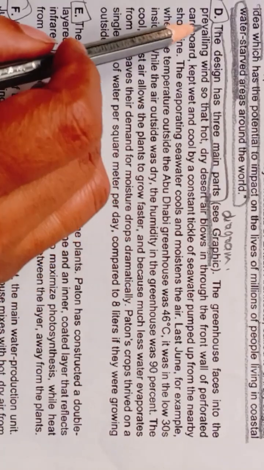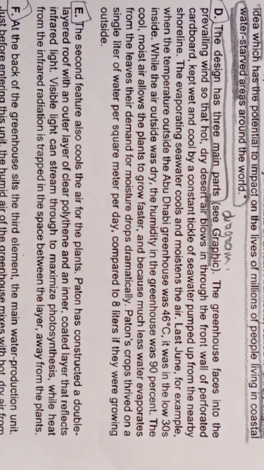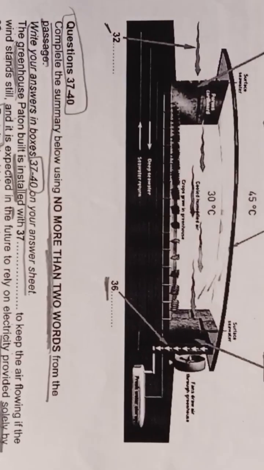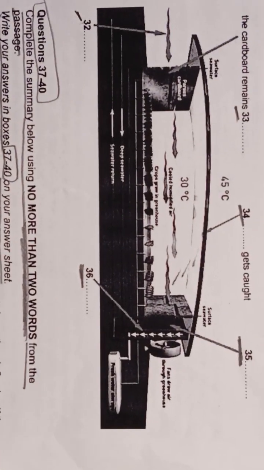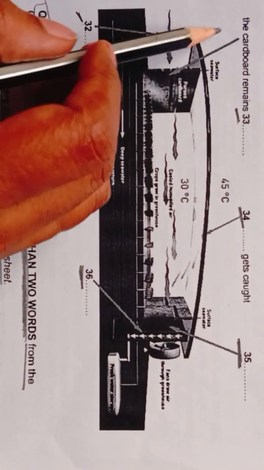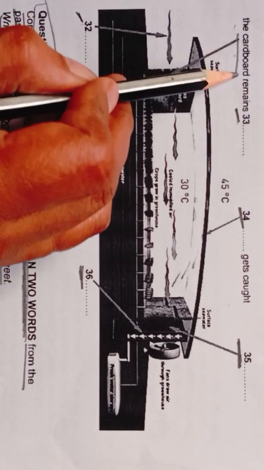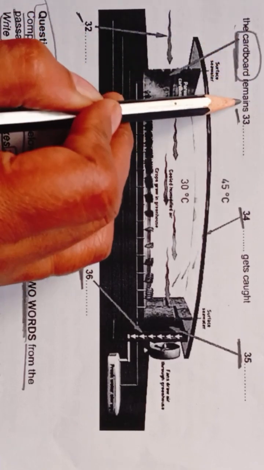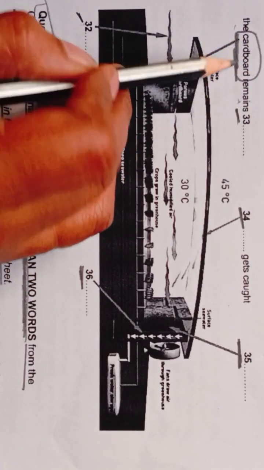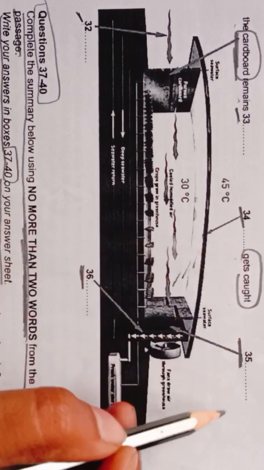So before reading this D paragraph, we will just quickly see the diagram first. Here what they are saying, the cardboard remains. We have to look for this cardboard.